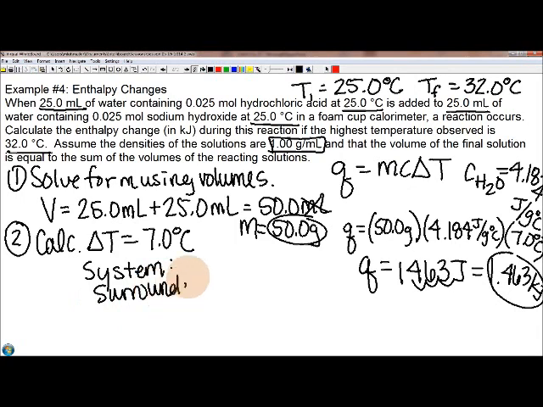We are studying what's inside the cup. What is the reaction that's taking place? So the system is going to be the contents of the cup, or you could say the reactants, or something like that. And the surroundings are going to be everything outside of the cup.